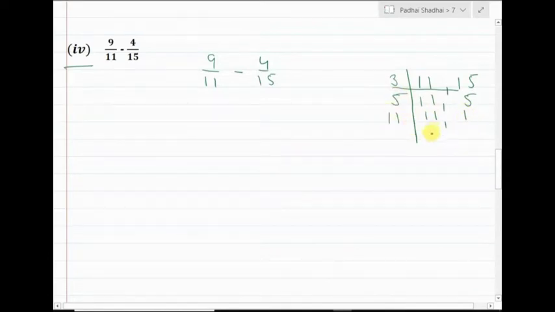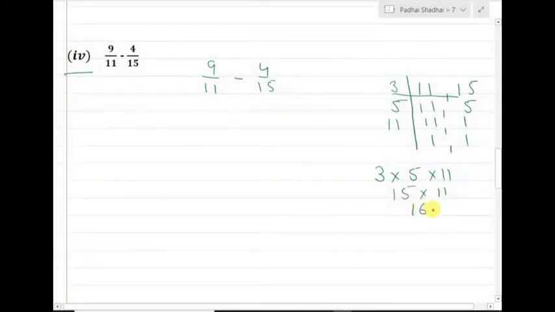Now 11 is prime, so 11, 1 and 1. Now LCM is 3 into 5 into 11. 3 5s are 15 into 11. We have to multiply it. 15 into 11, we will get 165. So LCM is 165.